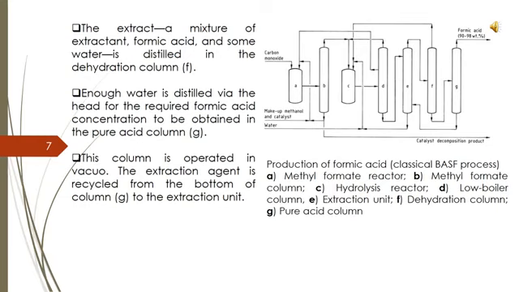That is the point of the Kammer-Lennard process. So if you remember, there were two columns for the dehydration basically. So this is the main difference between the Kammer-Lennard process and the BASF process. In the BASF process, the hydrolysis step is different and the removal of the water is a bit different.